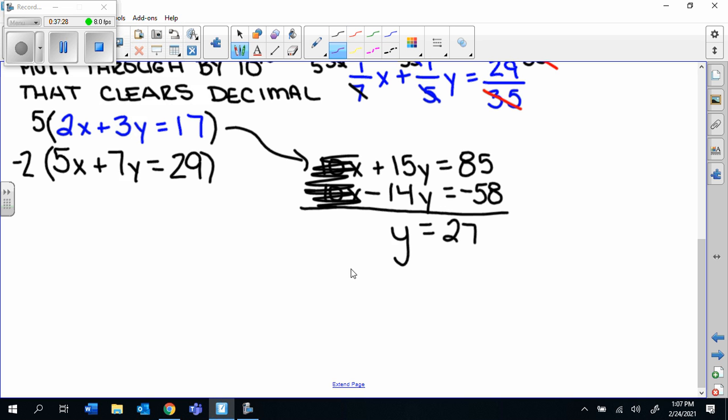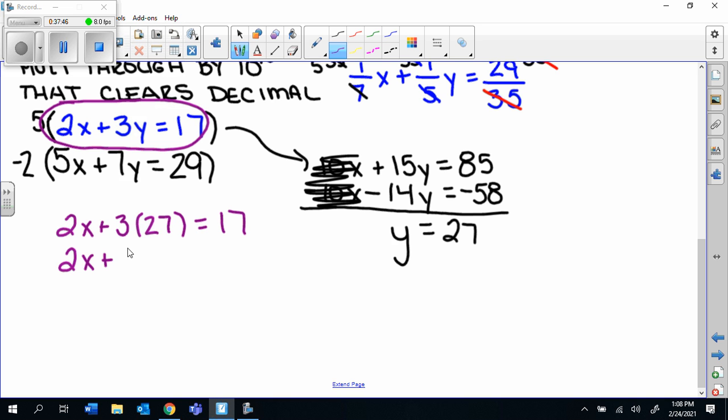Plug it back in, find the easiest looking place, the smallest looking numbers. I'm going to choose the top one here. So 2x plus 3 times 27 is 17. So 2x plus 81 is 17.